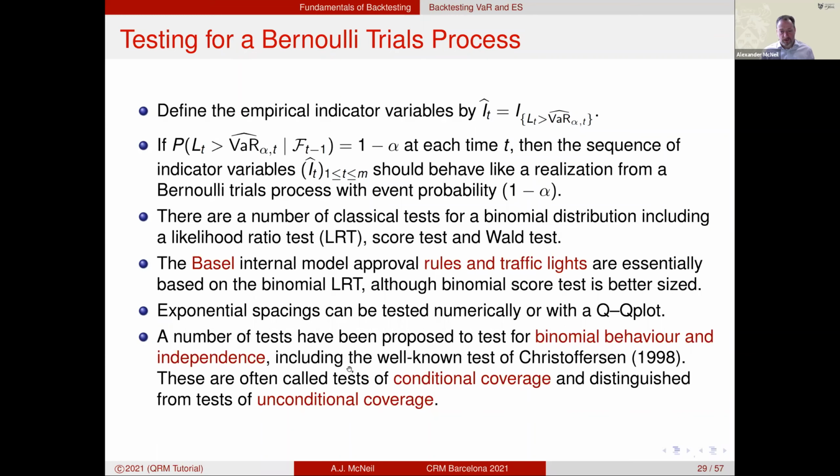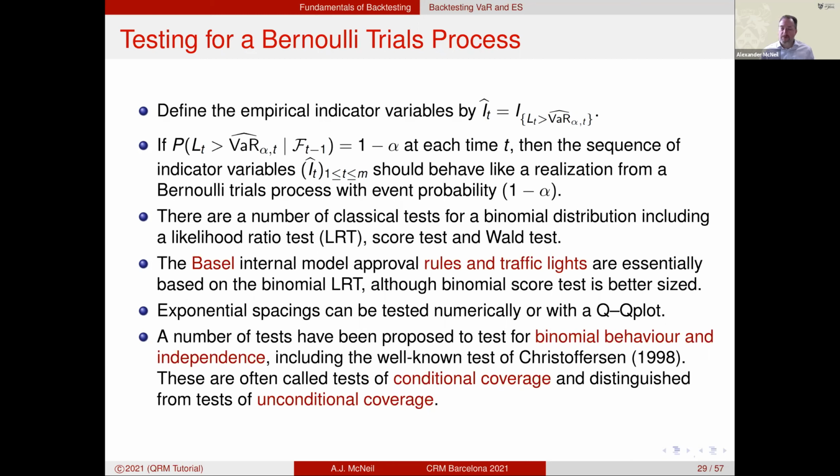And in the literature on backtesting, there's quite a lot of papers. So a number of tests have been proposed to test for binomial behavior and also for independence. And one test that's very widely used is the Christoffersen test. And the Christoffersen test actually tries to test for both binomial behavior, so a binomial number, and also for independence of the violations.